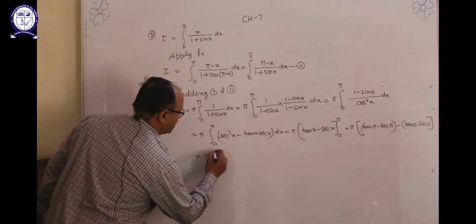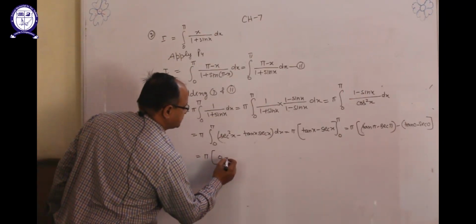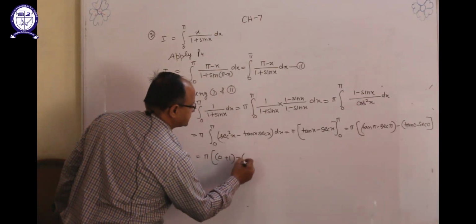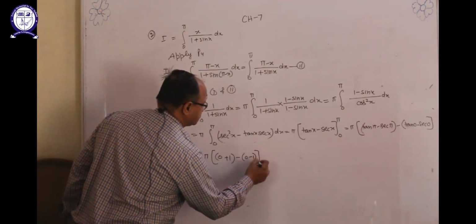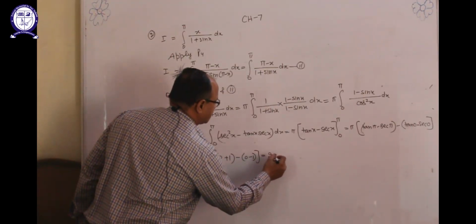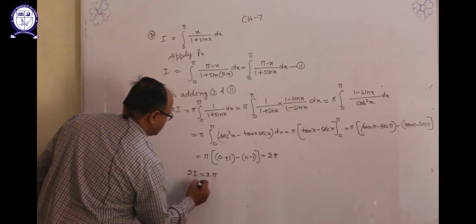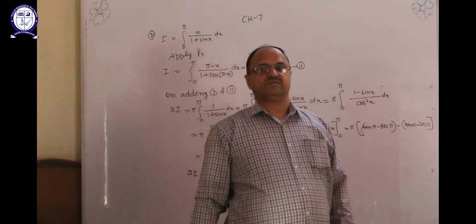You know tan pi is 0, sec pi is minus 1, so minus of minus 1 is plus 1; minus 0 minus 1. Therefore you can say 2I is equal to 2 pi. Therefore I is equal to pi. Okay, thank you.